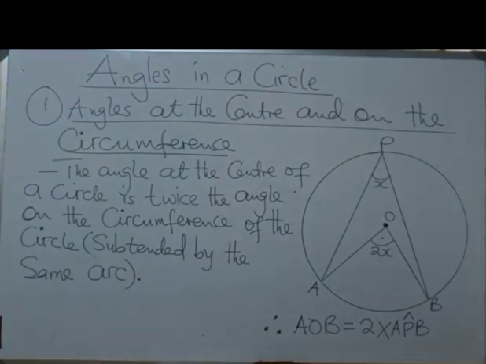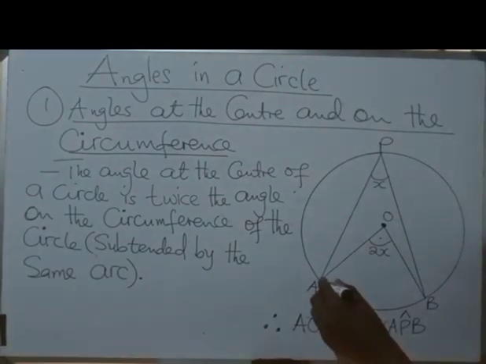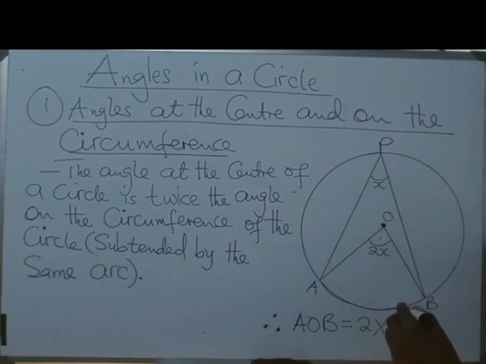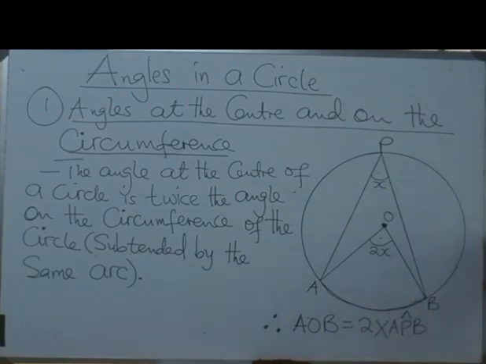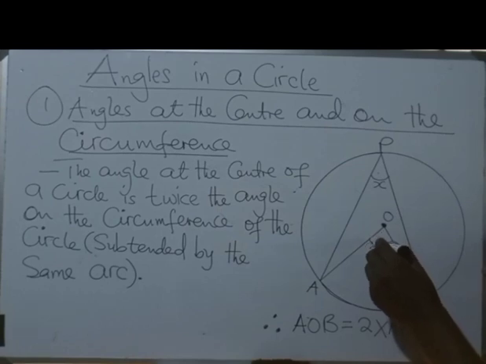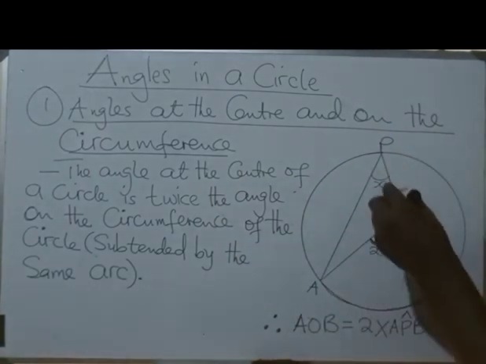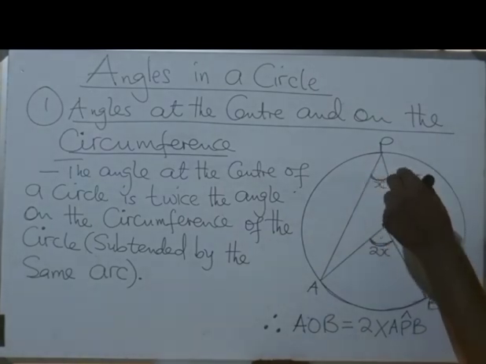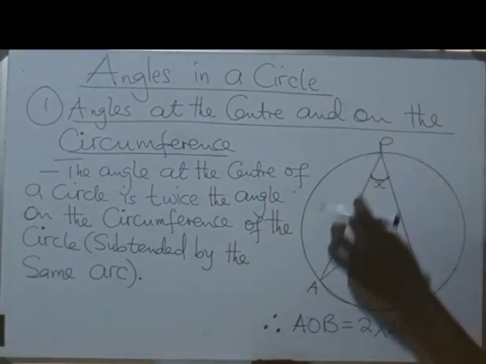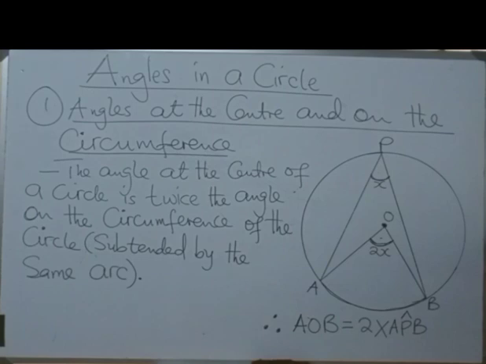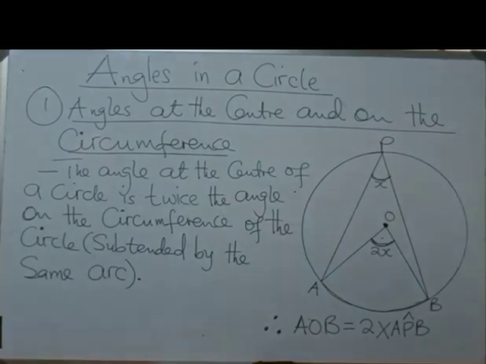Which one is the arc? This is the arc we have. So we are told that the angle at the center is twice the angle at the circumference, provided they are all at the same arc.